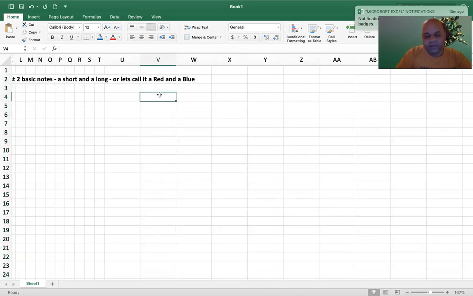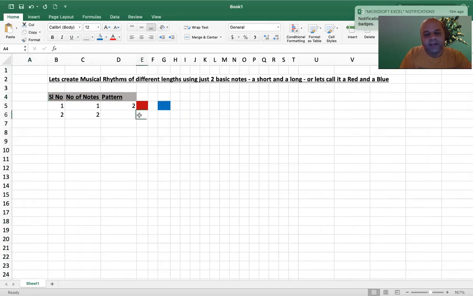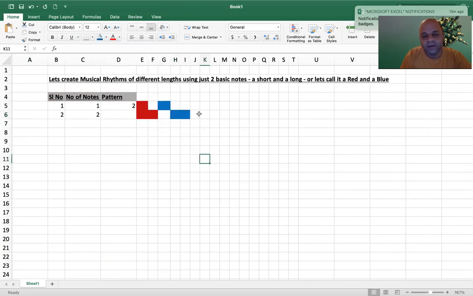I can combine both of them as brown, or red, together, or I can make both of them blue. Or I can make one brown or red followed by one blue.